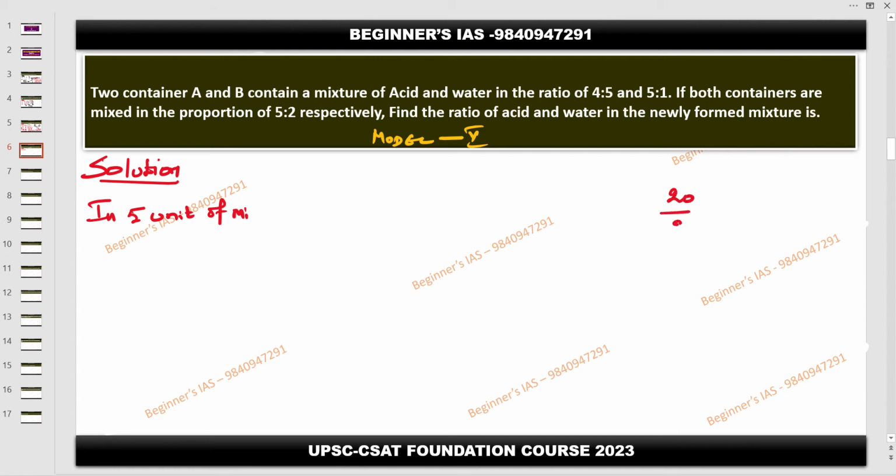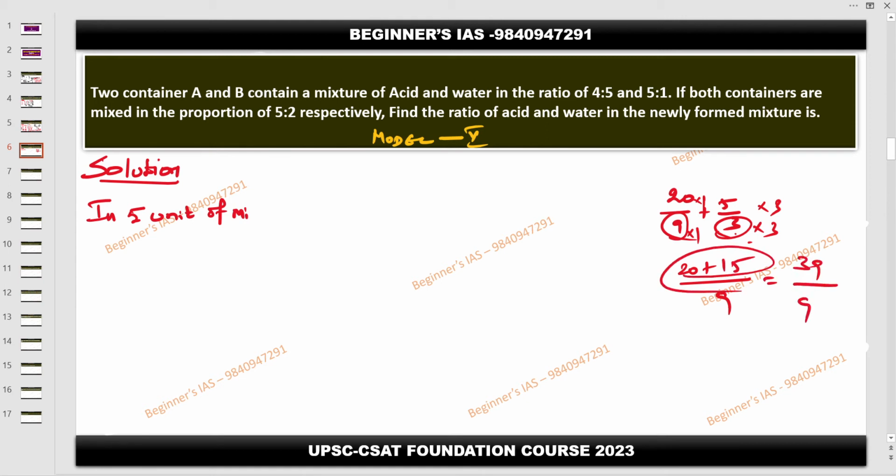So here one contains 20 by 9, another contains 5 by 3. So what is the LCM between 9 and 3? 9 is the LCM. Okay. So here 9 means we have to multiply 1 time in the numerator. But here 3 is there, therefore we have to multiply 3 in the denominator, 3 in the numerator. Therefore it will become 15. So therefore 20 plus 15 is nothing but 35. 35 by 9. Understood? Yes, sir. Clear, sir. Thank you, sir.